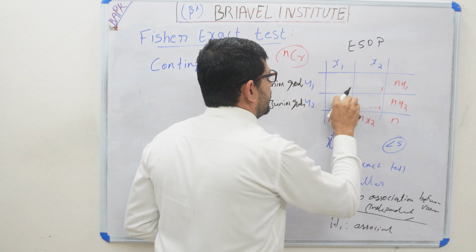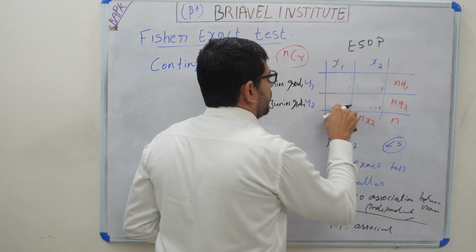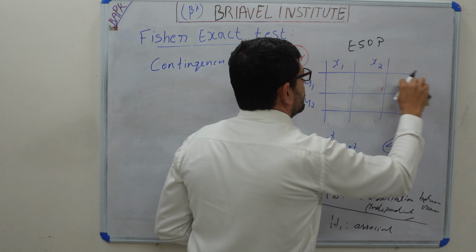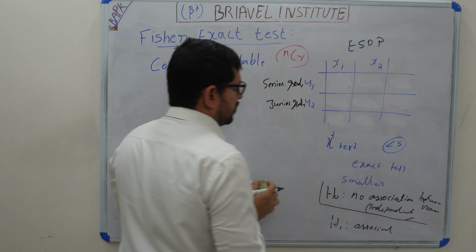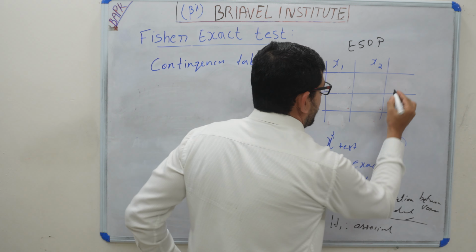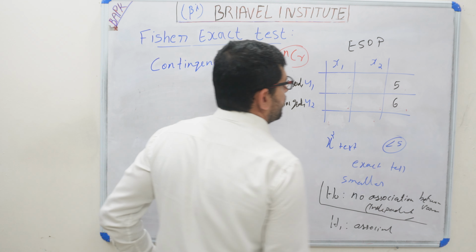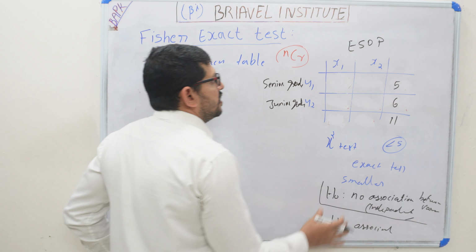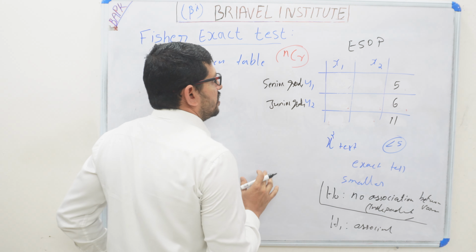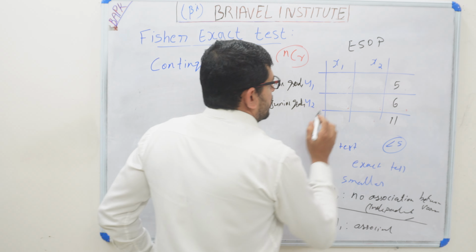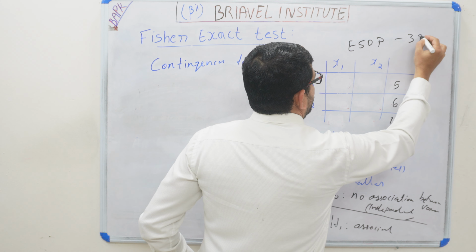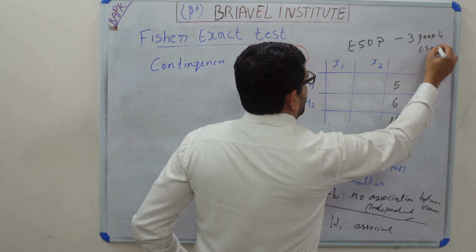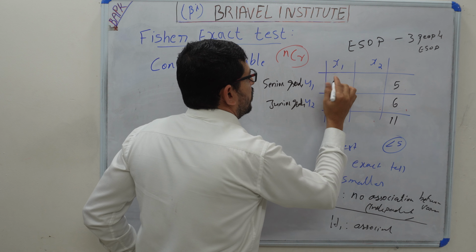In this observation, there are 5 senior grade people and 6 junior grade people, so the total is 11. Out of that, we issued the ESOP options to 3 people.